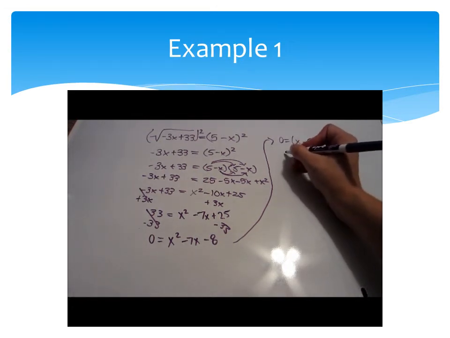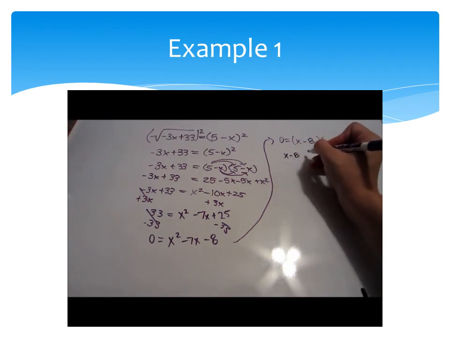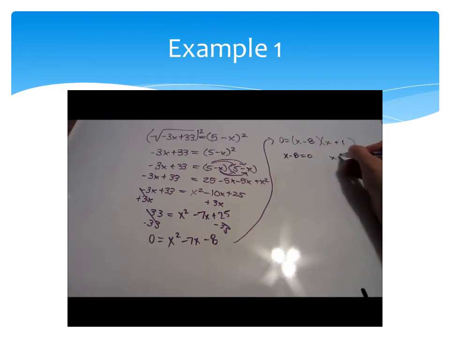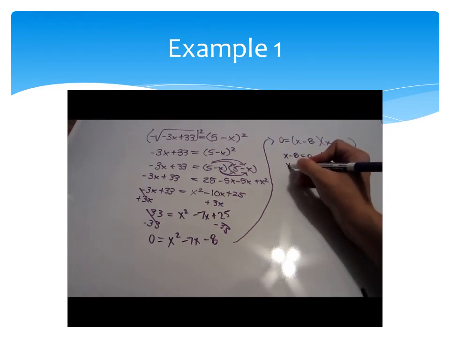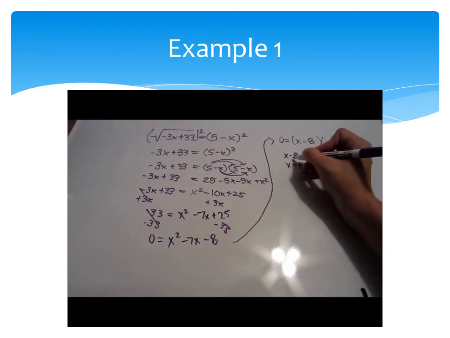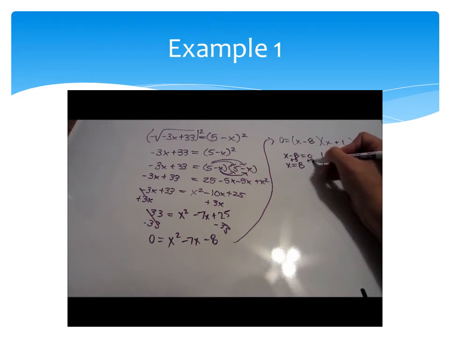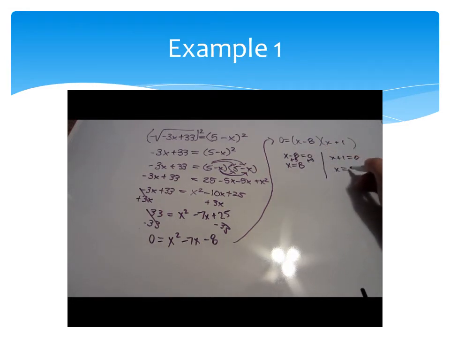To solve, I need to set them both equal to 0. X minus 8 equals 0, and x plus 1 equals 0. x is equal to 8 on this side by adding 8 to both sides, and x is equal to minus 1 on this side by subtracting 1 from both sides. So I have two possible answers. Either x is 8 or x is negative 1.